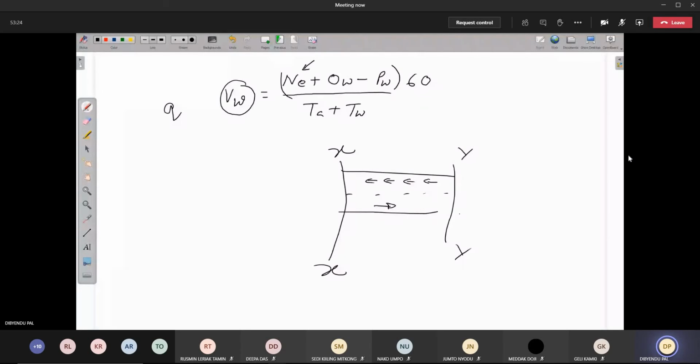This was east and this was west that we have written on this problem. So this is towards east and this is towards west.